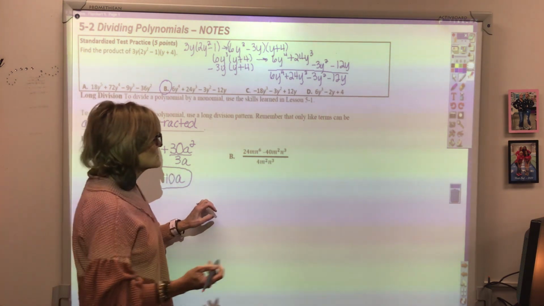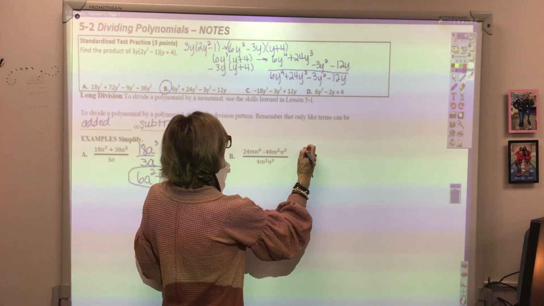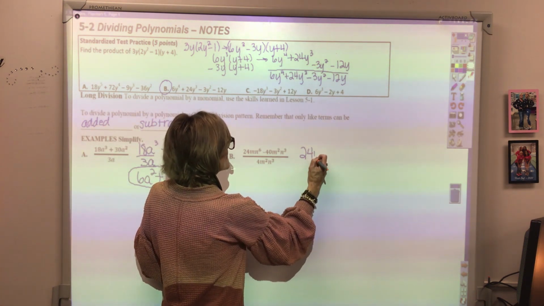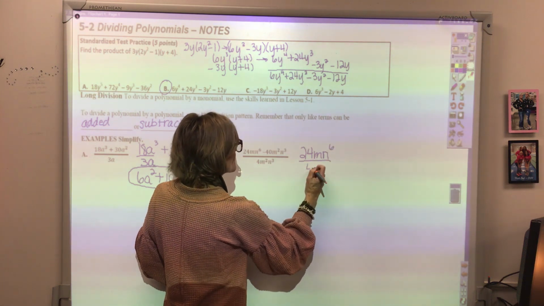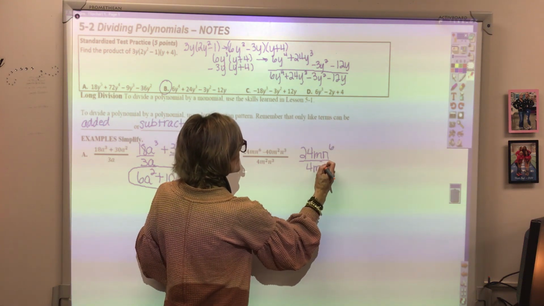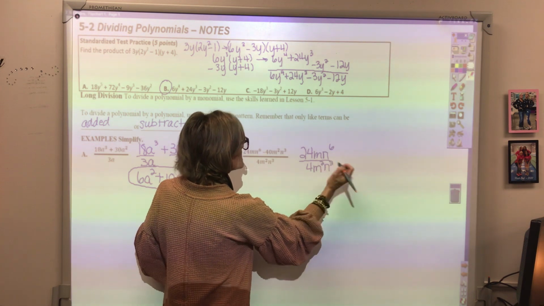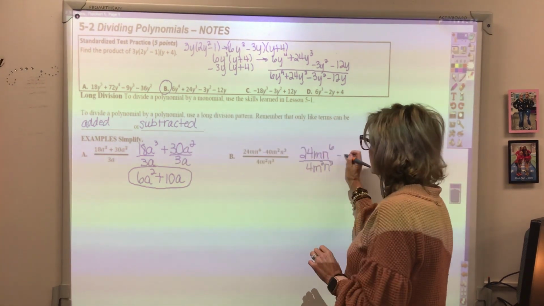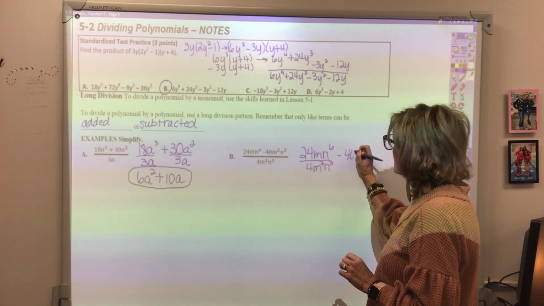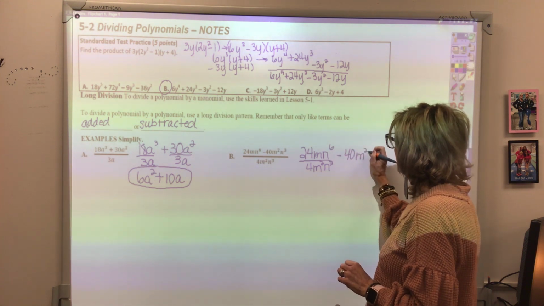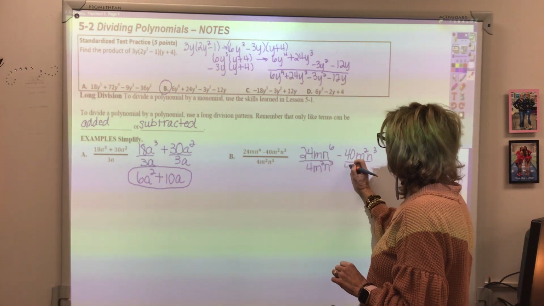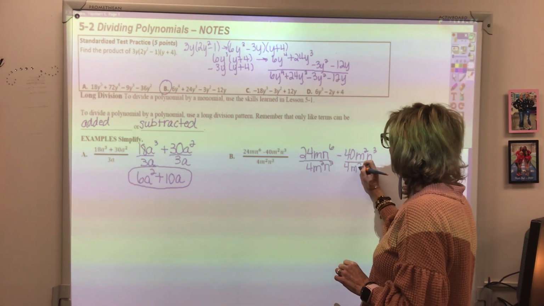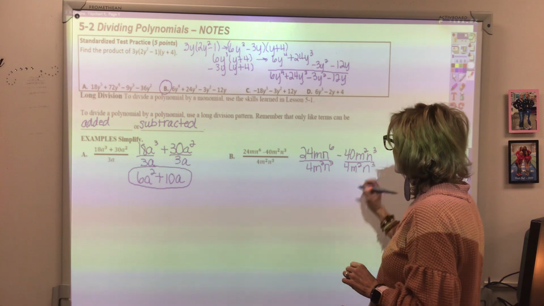And the second one we'll do the same thing. So we'll take 24m n to the 6th divided by 4m squared n cubed, and we'll have minus 40m squared n cubed divided by 4m squared n cubed.